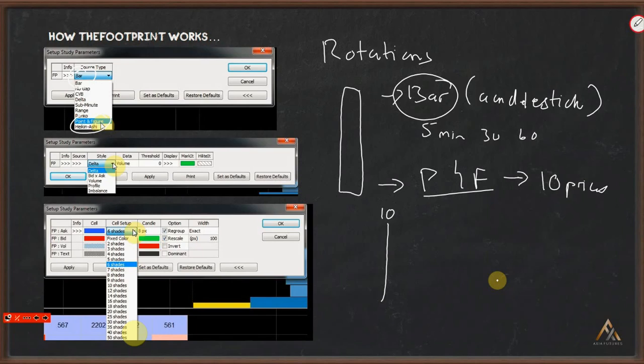What this means is that the footprint will keep utilizing the same rotation until the price reverses at least 10 ticks in the opposite direction. Only once it prints 10 prices in the opposite direction will you begin the next rotation, rotation number 2. And obviously if prices keep going down in a straight line, we won't get the next rotation until we get 10 prices again in the opposite direction. That's ultimately how we get rotations based on the point and figure.